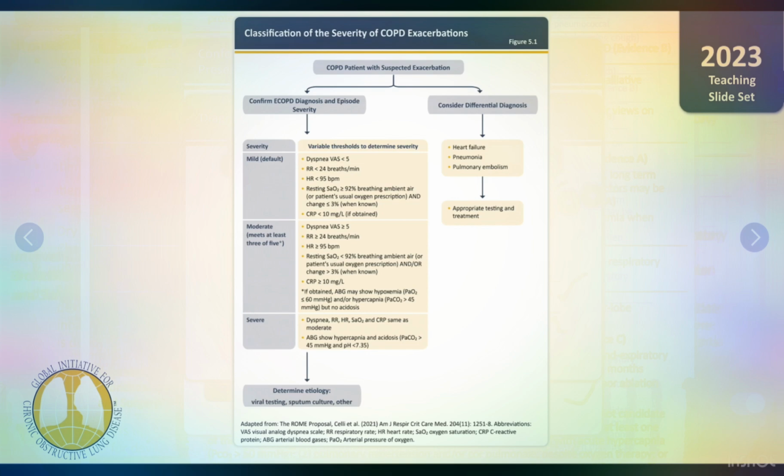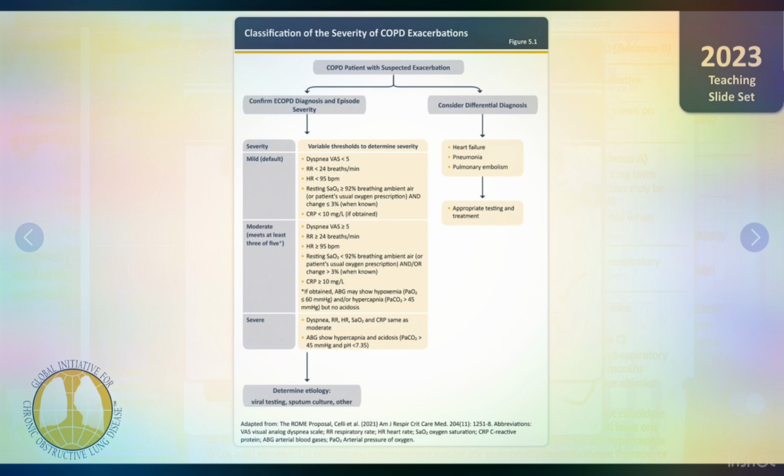Oxygen saturation should be less than 92%, and change should be more than 3%, and CRP should be more than 10 milligram per liter. If obtained, ABG may show hypoxemia, meaning PaO2 less than 60 mmHg, and hypercapnia, meaning PaCO2 more than 45 mmHg. But there is no acidosis in moderate exacerbation.